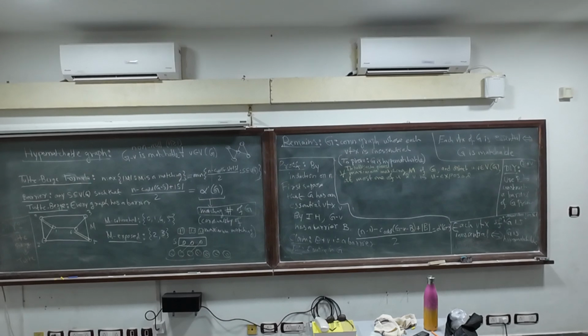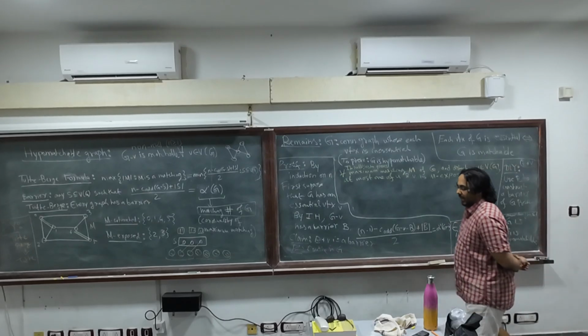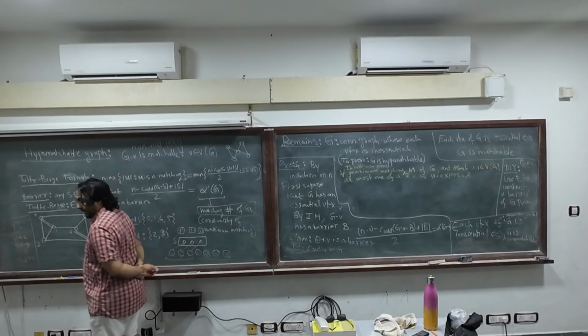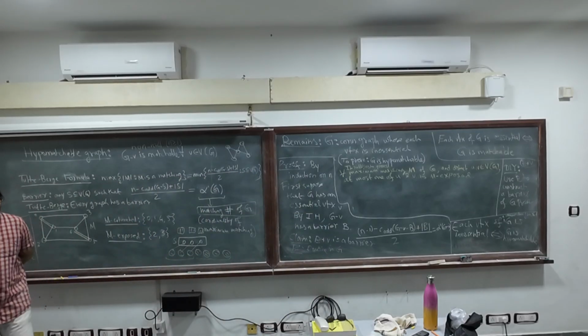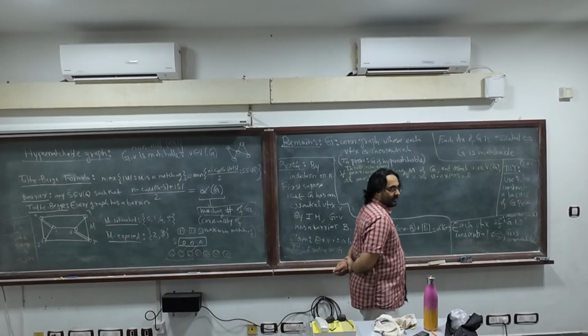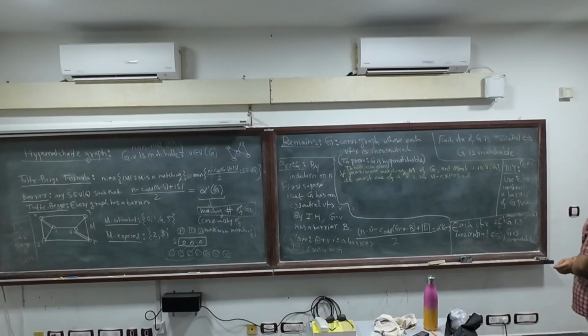Let us proceed by contradiction. Supposing this is not true, that means there are triples M, U, V for which this statement is false. You all agree? If this statement is not true, then there are triples M, U, V for which this is false. Amongst all such triples, we will choose one that minimizes the distance between U and V. Is that okay?